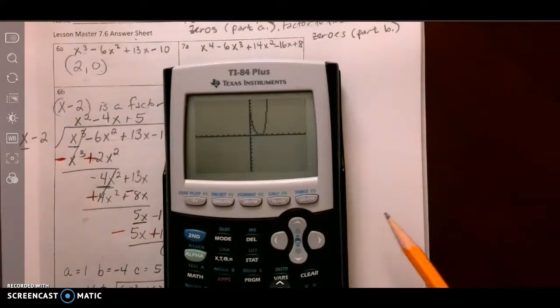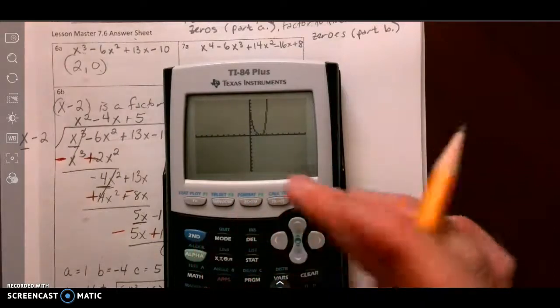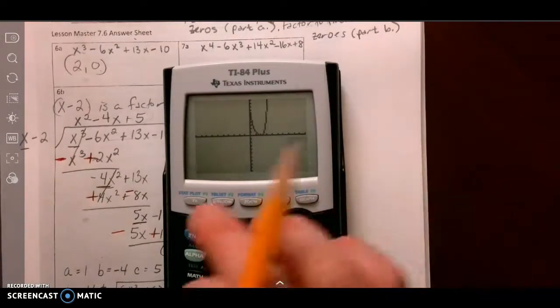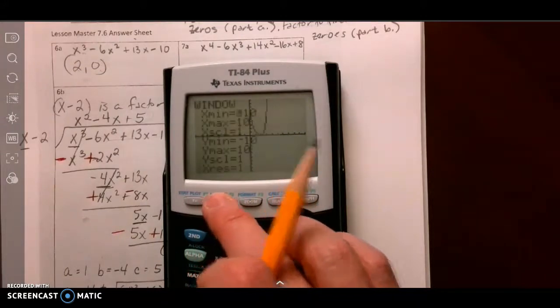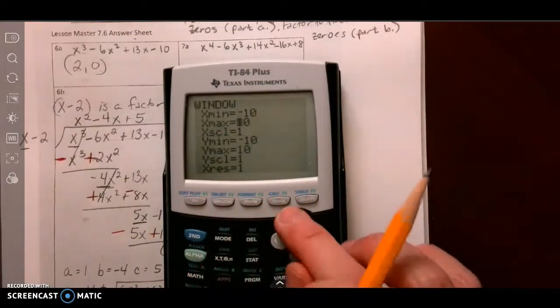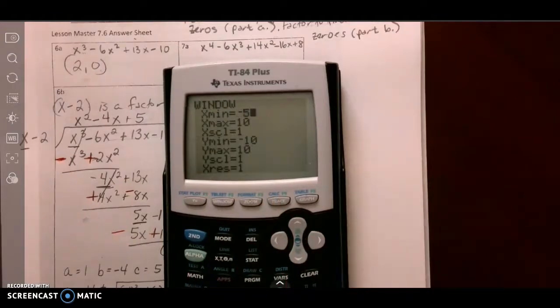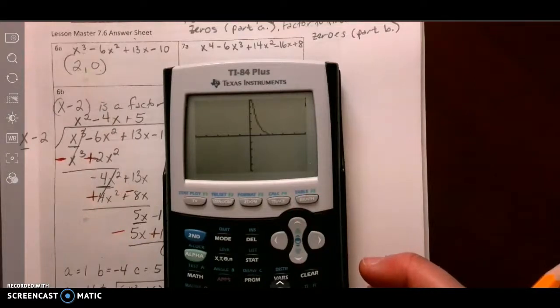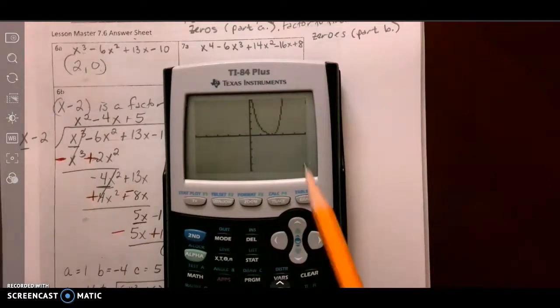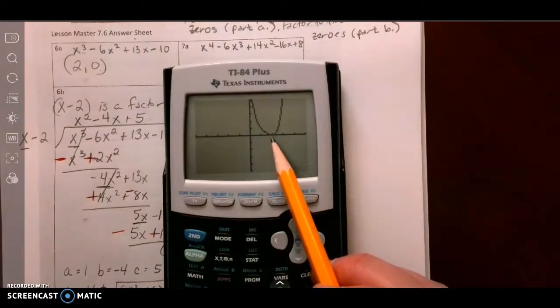All right. Can't really tell how many zeros there are. I'm going to try and get a little closer on my window. So maybe make this -5 to 5. And I want to see. I can't tell if it dips below at all or if it hits right on there.